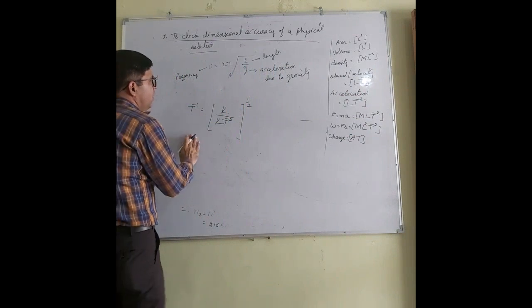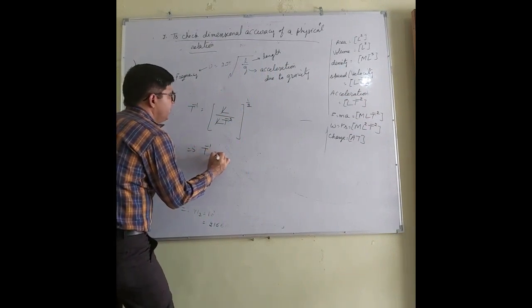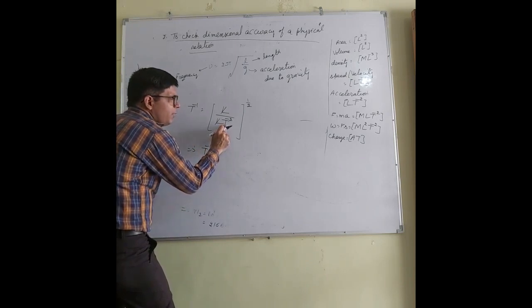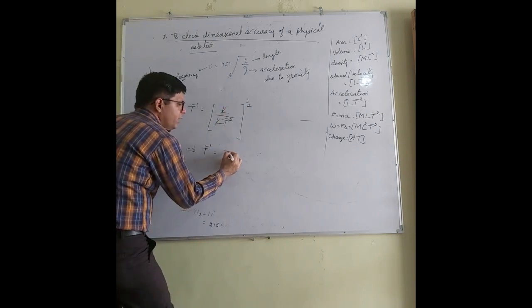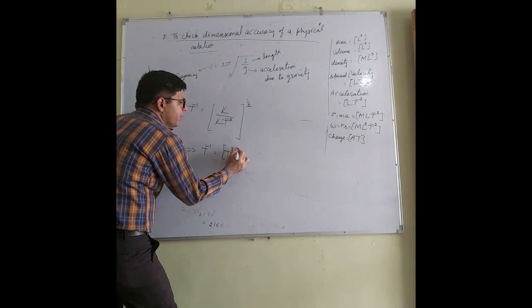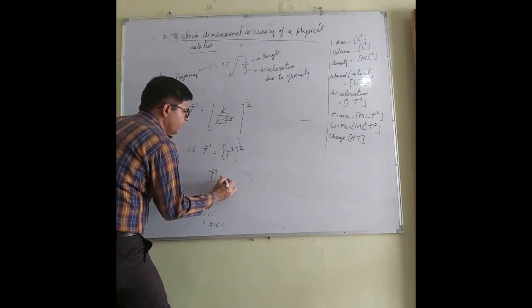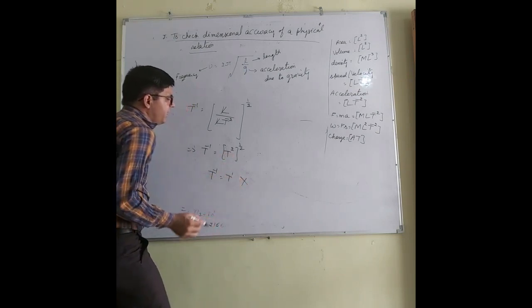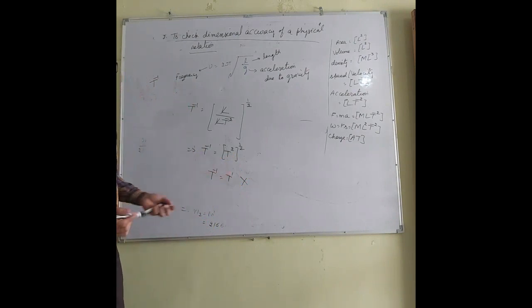I got T^-1 equals, when this T^-2 is shifted to the numerator, it becomes T^2 to the power half, so T^-1 equals T. Is it correct? It is incorrect because the power is minus 1 and here the power is 1. So this formula is incorrect.